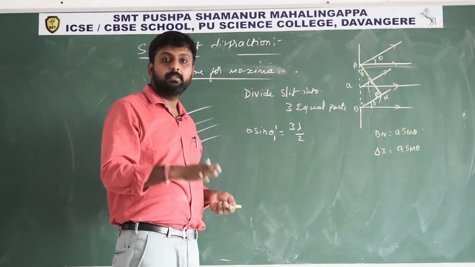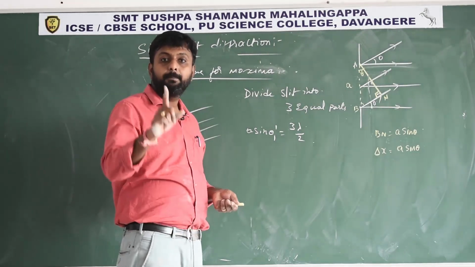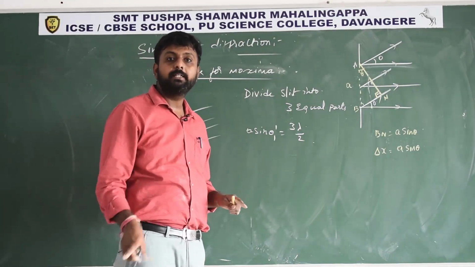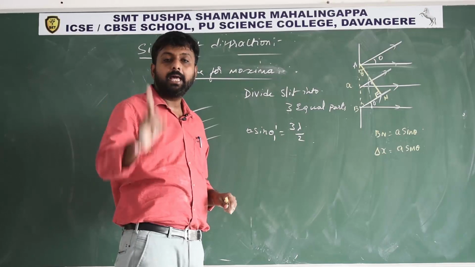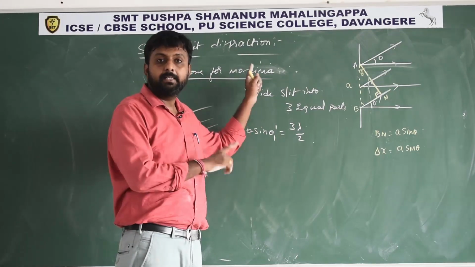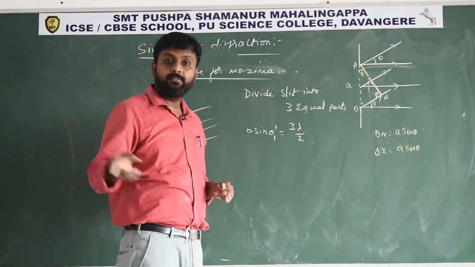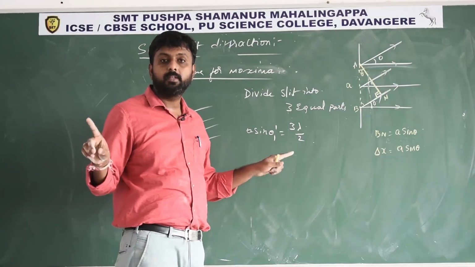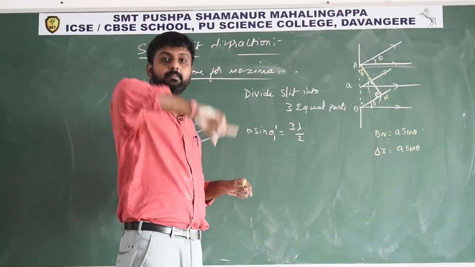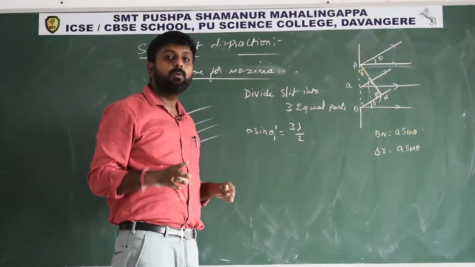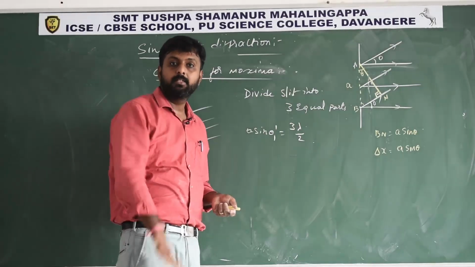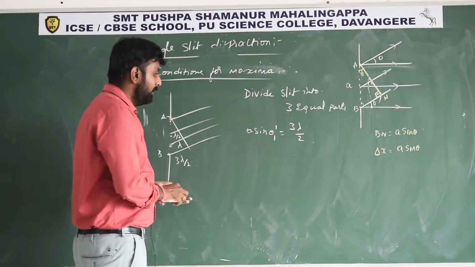First secondary maxima, brightness decreases. But in interference you won't observe like that. All bright fringe intensity is same, all dark fringe intensity is 0. But in diffraction, all dark fringe intensity is 0, but all bright fringe intensity is not same. Central maxima intensity is more, brightness is more. Then first secondary maxima, intensity, brightness decreases.